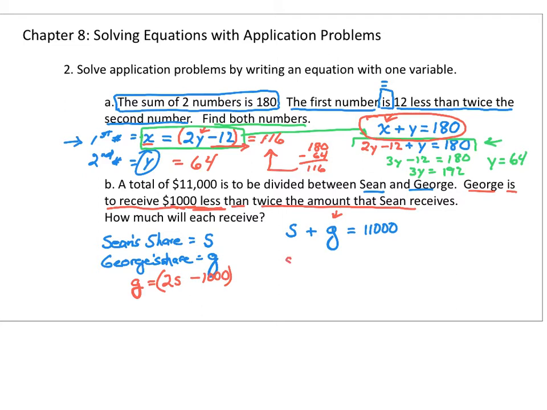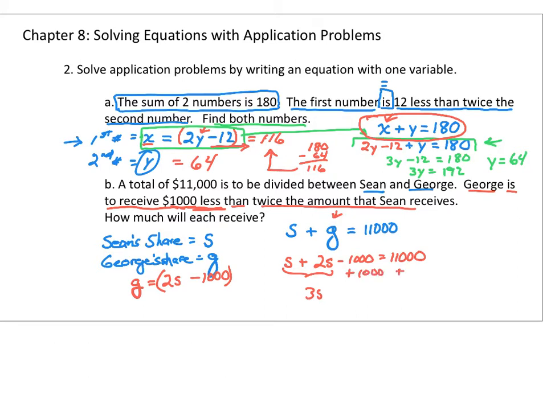So now we have S plus G, which is S plus 2S minus 1,000, equals 11,000. Combine like terms, S plus 2S is 3S. You probably added 1,000 to both sides already.